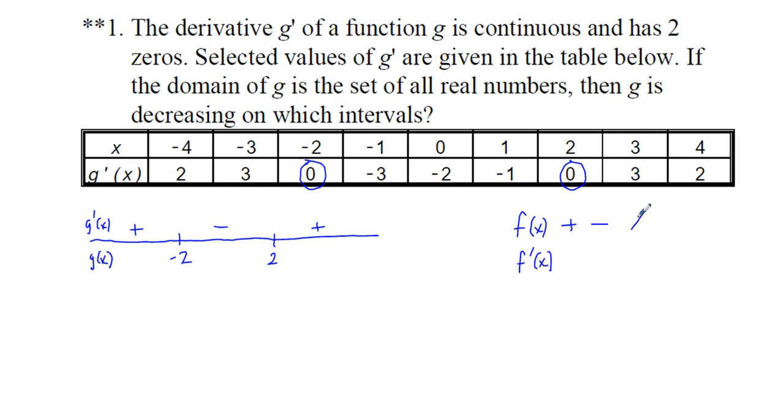We're going to put increasing, decreasing, and then the last items we're going to put are going to be concave up and concave down. We haven't got to concavity quite yet. And then on this f prime of x row, I'm going to put plus minus, and then increasing, decreasing.